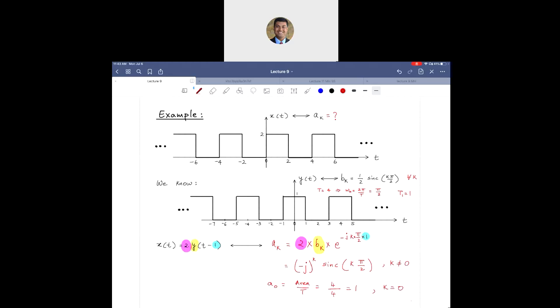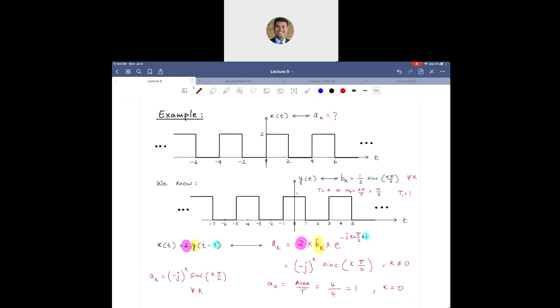So that will be my result. My result, I can write it over here. A sub k is going to equal 1. Oh, which is actually included in this. Negative j raised to k sinc k pi over 2 for all k.